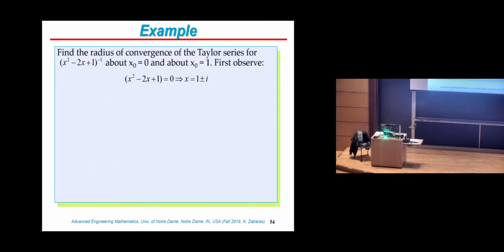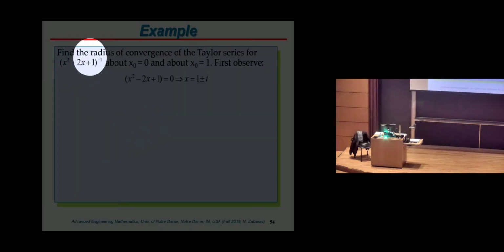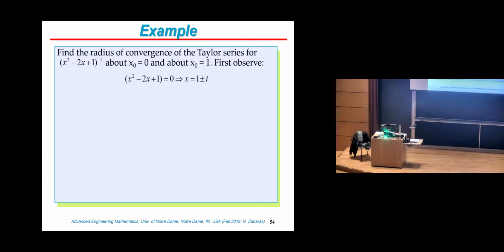All right, so let's do another example. So let's say that we have a function that is 1 over this. All right, and this polynomial has roots at 1 plus or minus i. And let's take x0 to be equal to 1. Can you tell me what is, at least, the minimum radius of convergence, right? Because really we cannot say more than that. But what is the minimum radius of convergence?